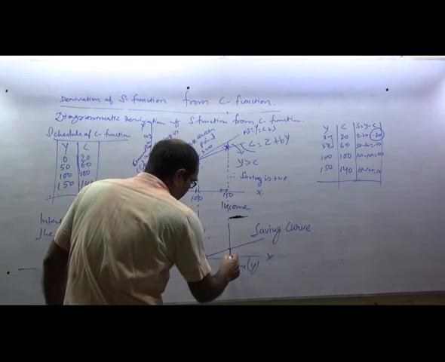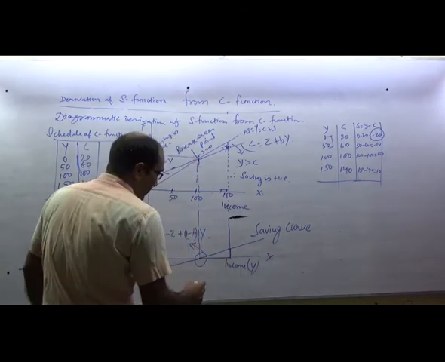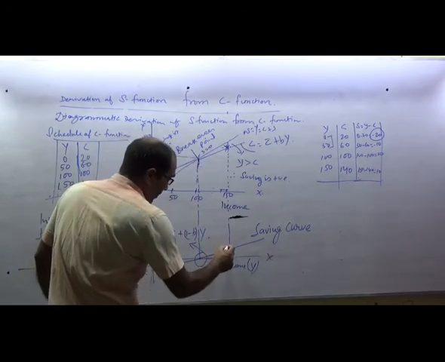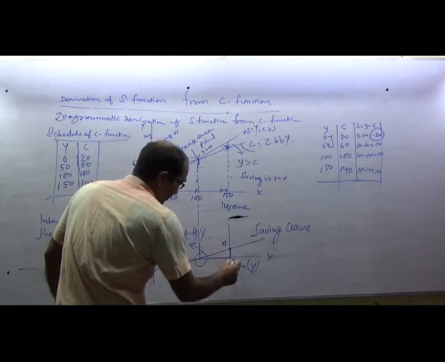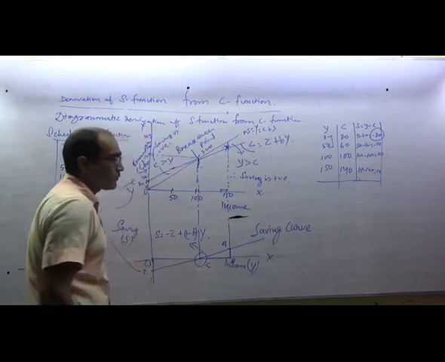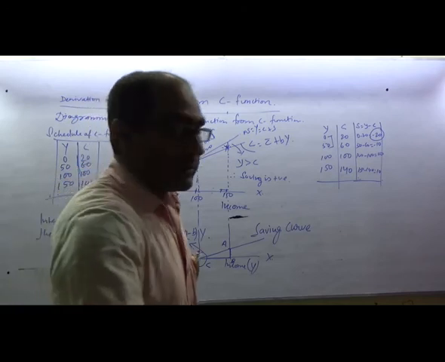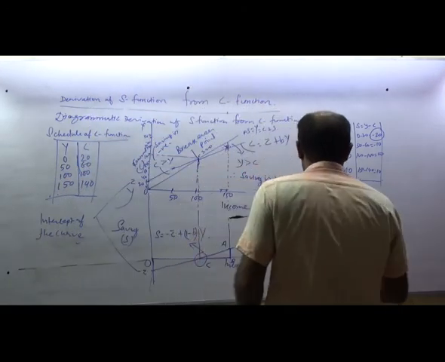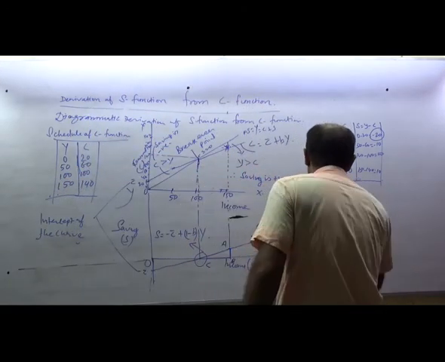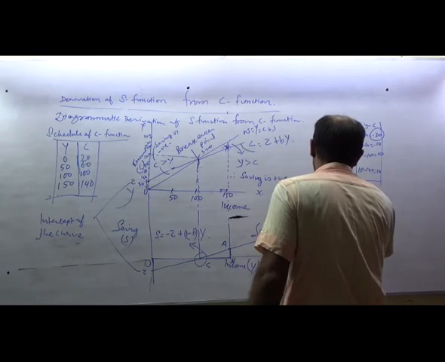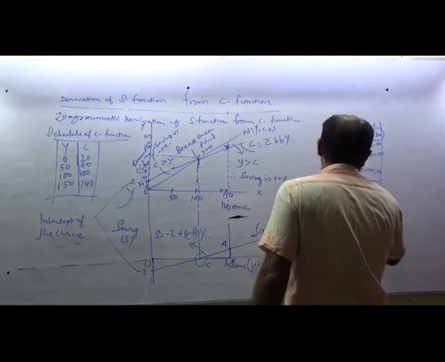Get the triangle A, B and C. See the slope of the S curve.